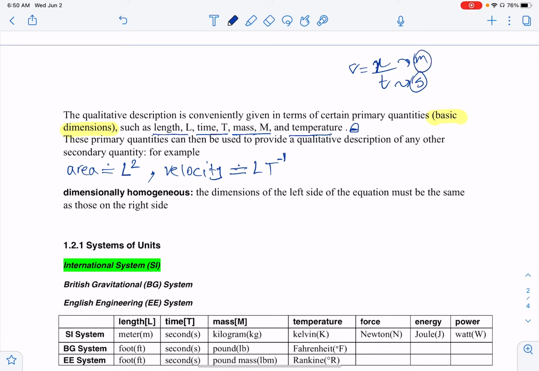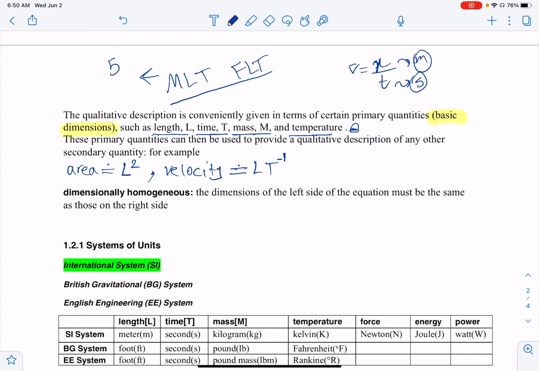So these are the units, and if we want to write down a system, we actually have two systems: the MLT system and the FLT system. We're not talking about it in this chapter; it's going to be in chapter 5.